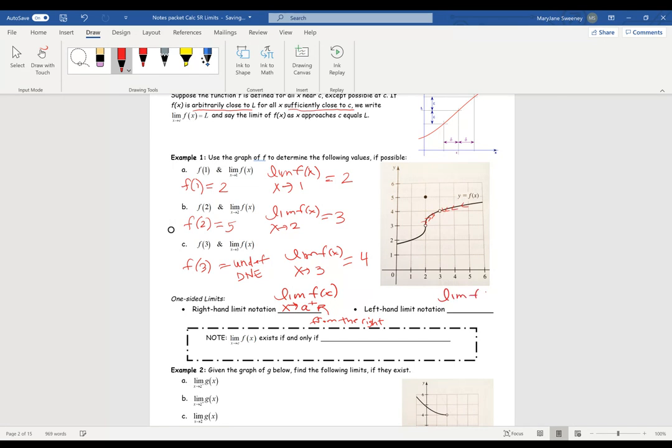And the limit of f of x, this would be as x approaches a from the left. So that's read from the left. Note, the limit of f of x as x approaches some c only exists if and only if the limit of f of x as x approaches c from the right equals the limit of f of x as x approaches c from the left.